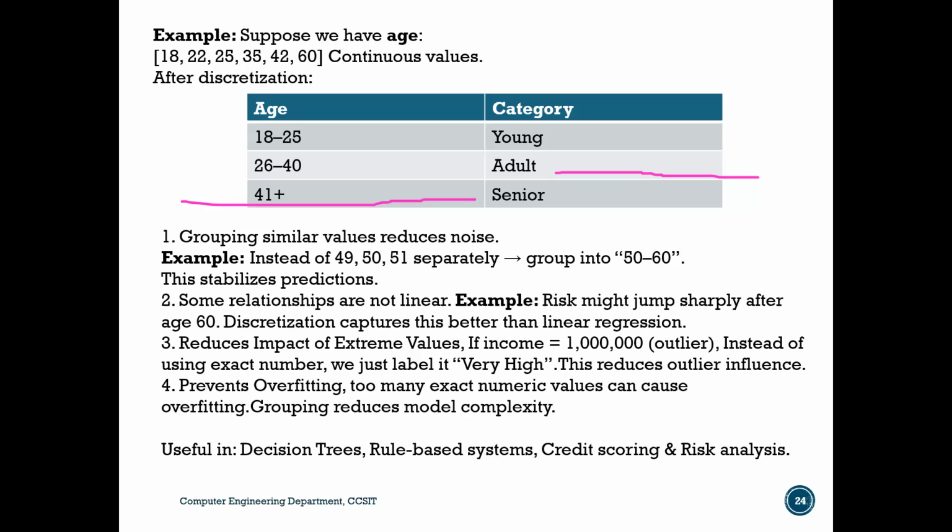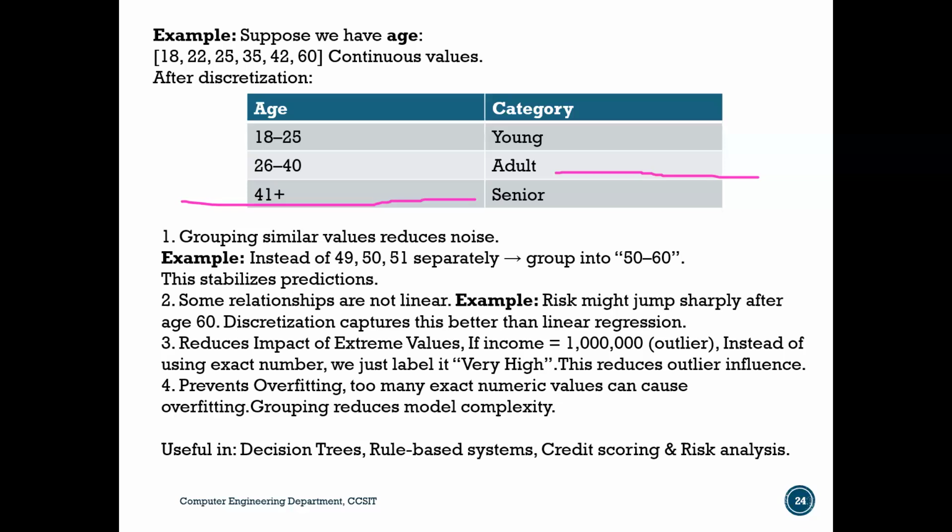I will say 18 to 25 will be the young range, 26 to 40 will be the adult range, and above 41 will be the senior range. So what we have done is that we are not applying each number separately. We make groups, which stabilizes the prediction. So this will stabilize it.